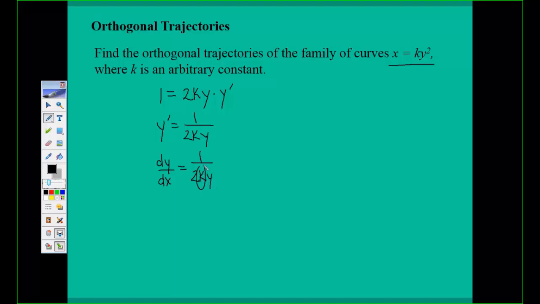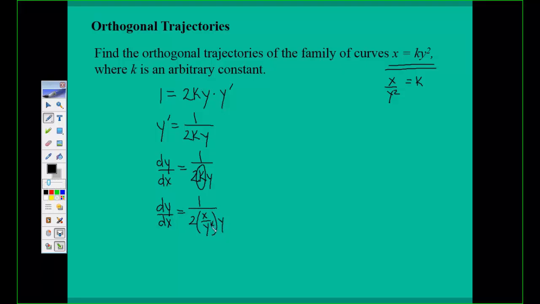Let's try to replace k in terms of x and y. If we go back up to our original equation, we can solve for k by dividing both sides by y squared. Let's replace k with x over y squared.